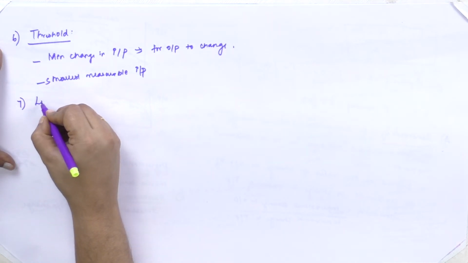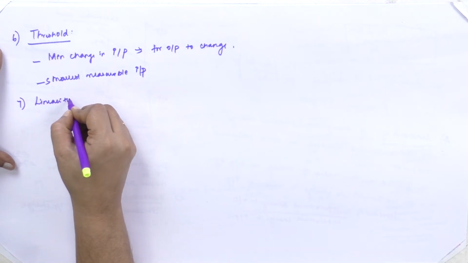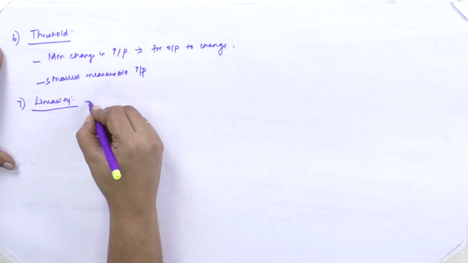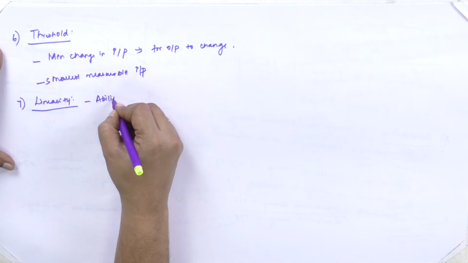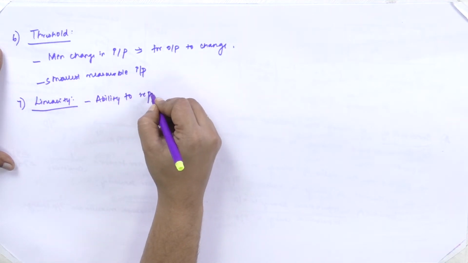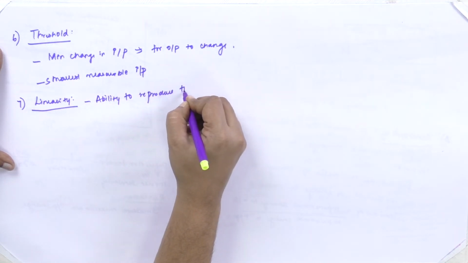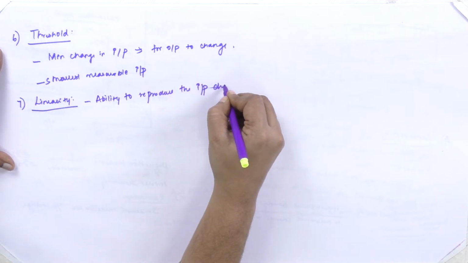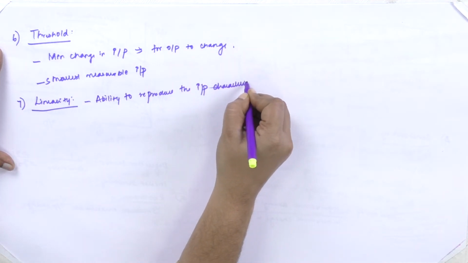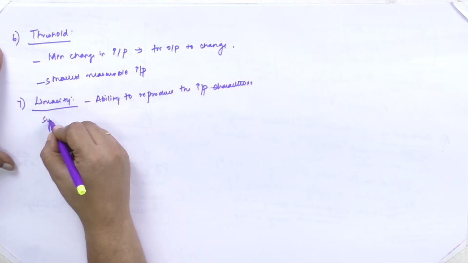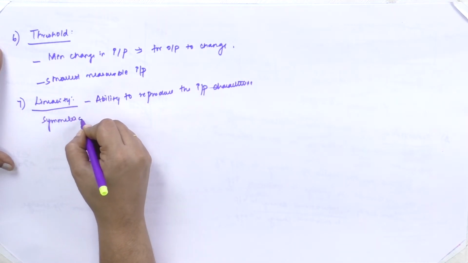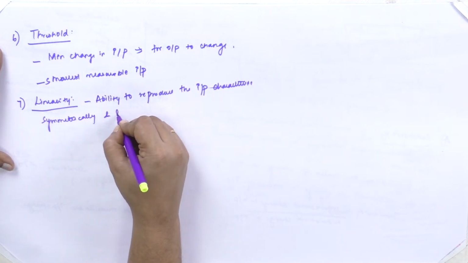The next static characteristic is linearity. It is the ability to reproduce the input characteristics symmetrically and linearly.